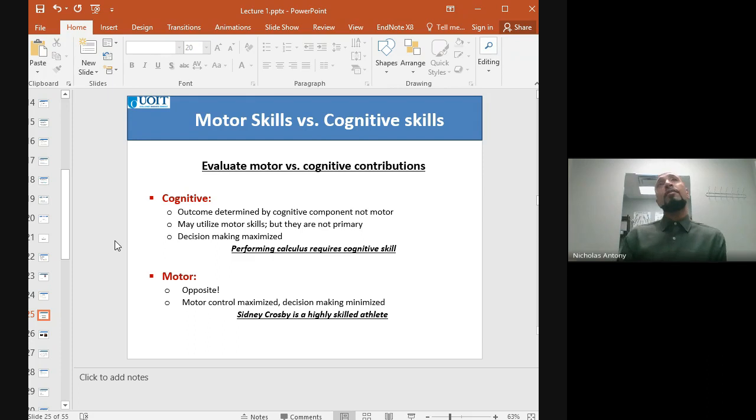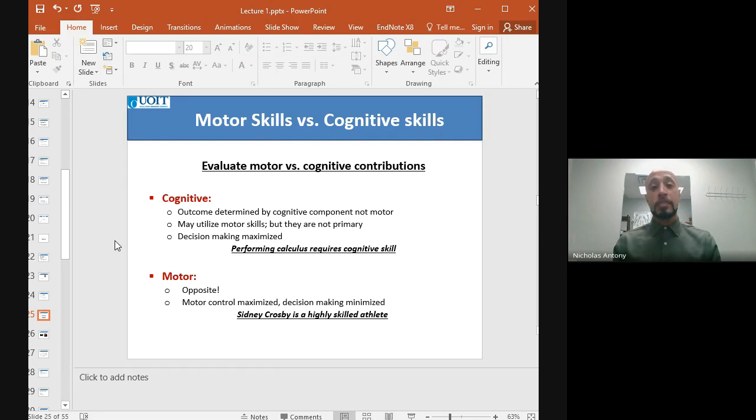Now, a lot of different motor skills obviously have a cognitive component. So if someone's a quarterback, the play begins and they have to cognitively think about where the defenders are, what's the best pass, and then achieve that. So there are obviously cognitive components in every motor skill.